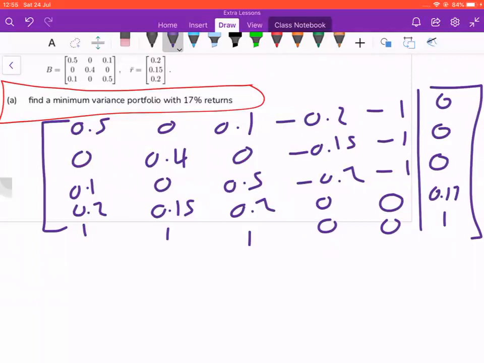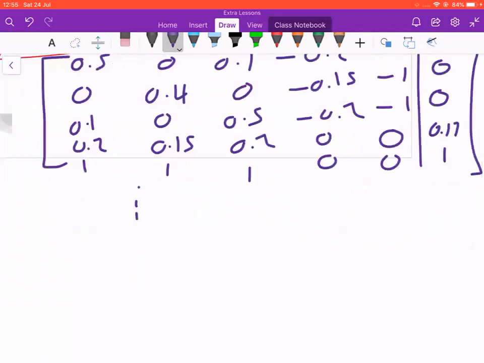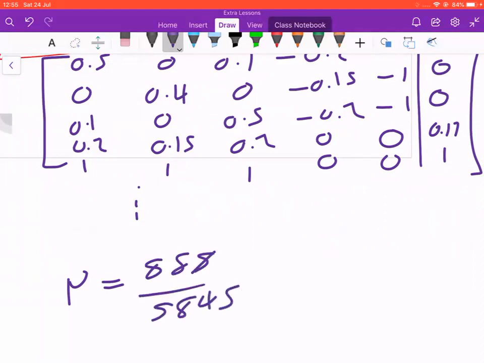So I've done this earlier on. I reduced them, and what I got, although I am not very confident with these answers, I think I made a mistake somewhere, is something like this. So the mu is going to be 888 over 5,845, and lambda is going to be 27 over 16,700.